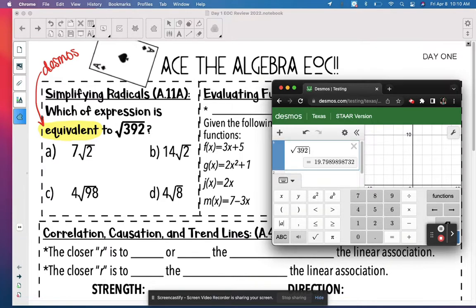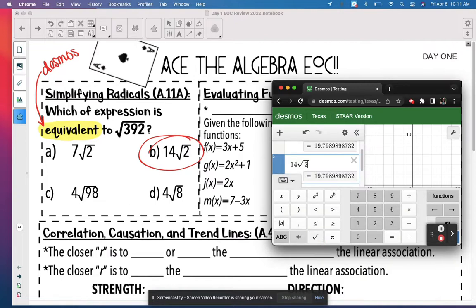Then 4 square root of 8, still too small. So the answer for this problem was 14 square root of 2. Again, we type in that first number, square root 2, and the decimals match.